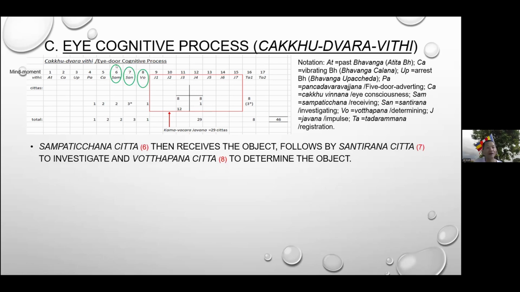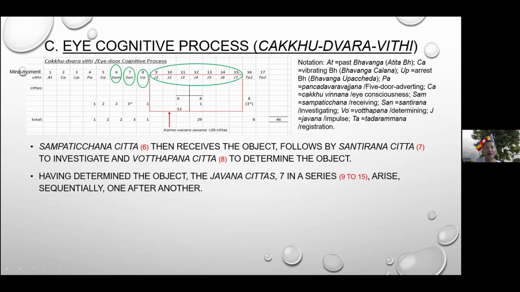Next, we go to the Sampaticchana, Santirana, and Votthapana. Sampaticchana, number 6, receives the object, followed by Santirana, which investigates the object, and Votthapana, which determines the object. And this is followed by 9 to 15, which are the Javana cittas, and they arise sequentially one after another.